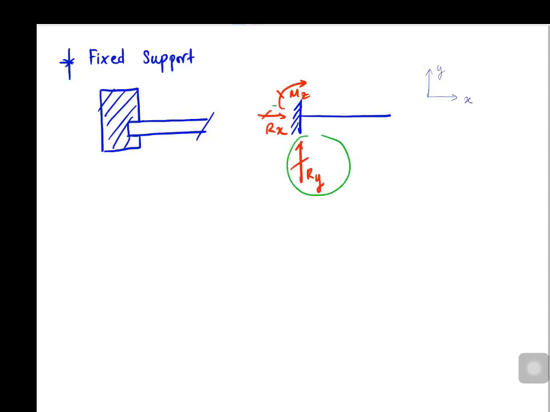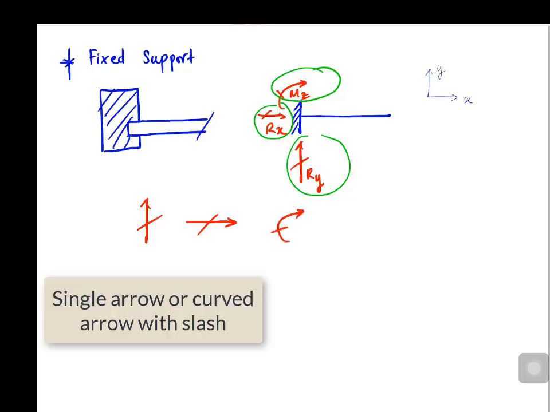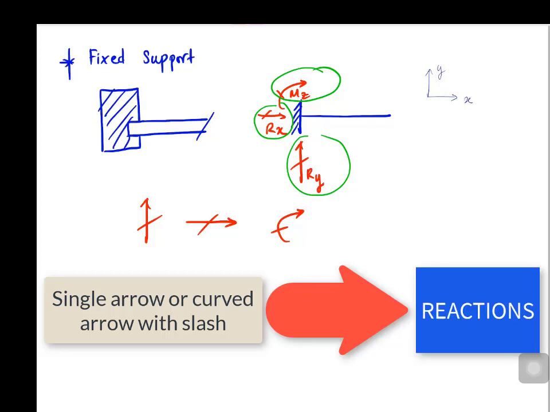As we can see, a reaction force at the support is represented by a single arrow with a slash through it, while a moment restraint at the support is always a curved arrow with a slash.